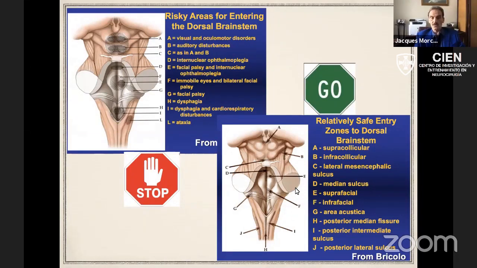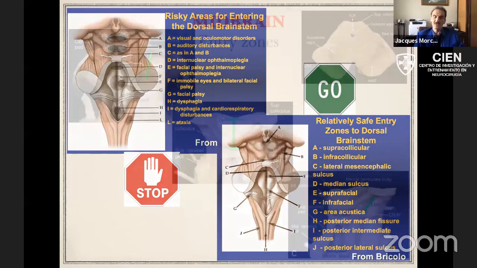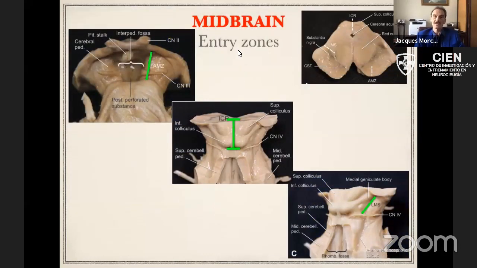And what's very useful, as you will see later, is the peritrigeminal zone on the side of the pons. That is a very nice zone to use. So let's go over it in detail. The midbrain entry zone, you could enter anteriorly medial to the corticospinal tract. Remember, the corticospinal tract occupies the middle 3/5 of the cerebral peduncle.